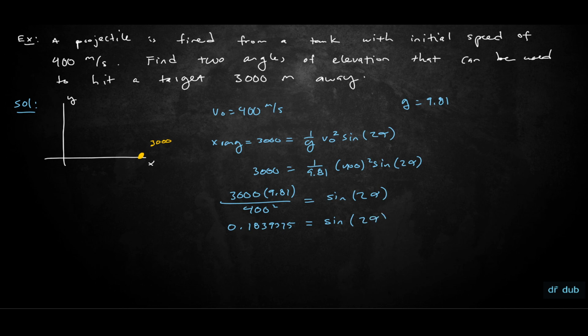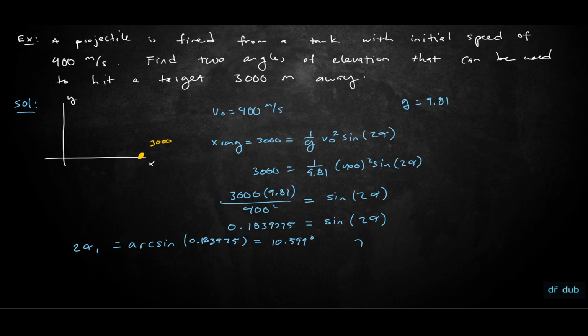Let me make sure my mode's in degrees. So 2 times alpha 1 will be the arc sine of 0.183975, which gives about 10.599 degrees if I round it there.